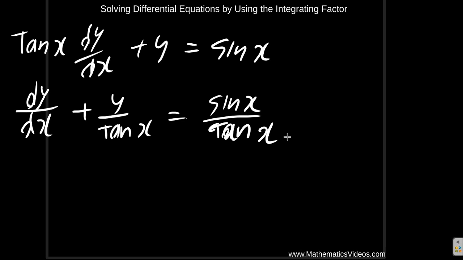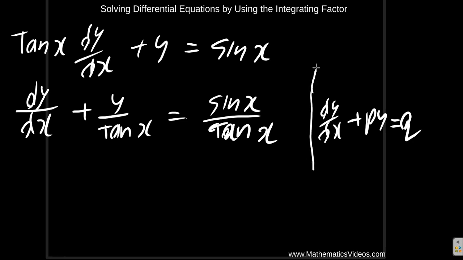Okay. So what we really have here is of the form dy by dx plus py equals q. It takes that form. So if it takes that form, we're going to have to solve it by using the integrating factor.